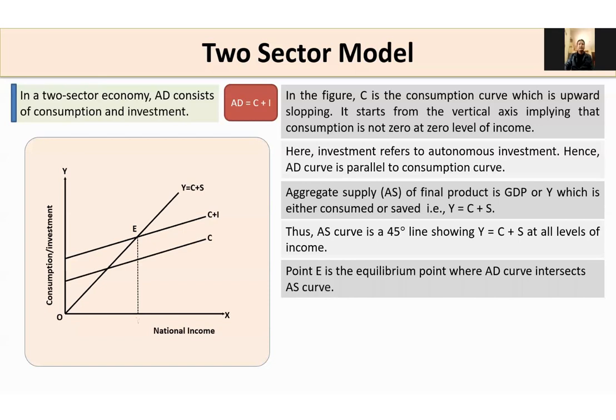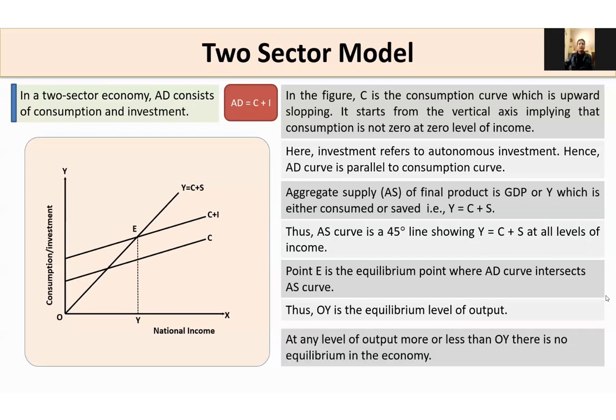Point E is the equilibrium point where the aggregate demand curve intersects the aggregate supply curve. Thus, OY is the equilibrium level of income or output. At any level of output, more or less than OY, there is no equilibrium in the economy, that is, there is disequilibrium.